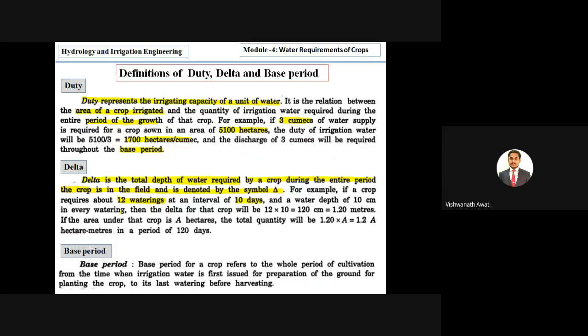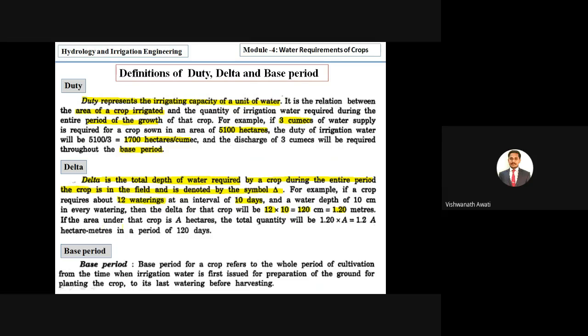Then the delta of that crop will be 12 into 10, where 12 is the total number of waterings and 10 is the 10 centimeters of each watering. So a total of 120 centimeters of water is required, which converted to meters is 1.2 meters of water for the complete growth of the crop.